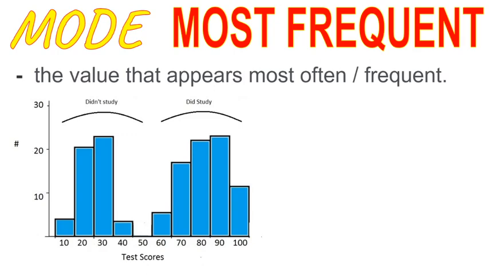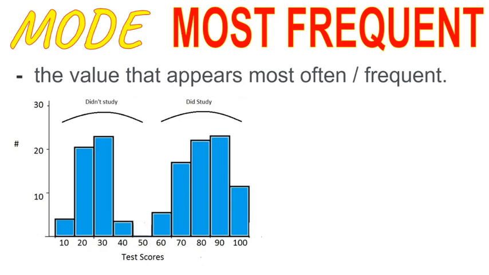Okay, so in the lower part, the group where the students didn't study, you can see that there is one point that peaked the highest. The students that scored 30 has the highest number.